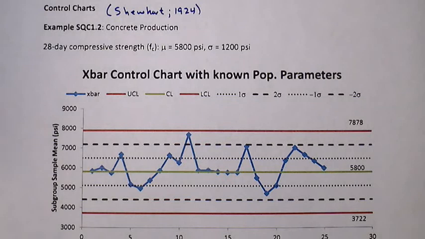We're going to focus back on the concrete production world, and in particular testing of the concrete of these 28-day specimens.